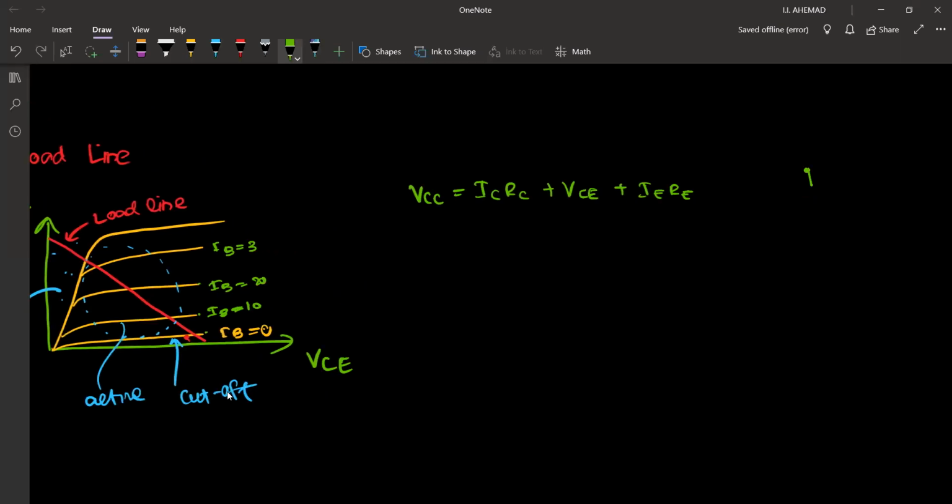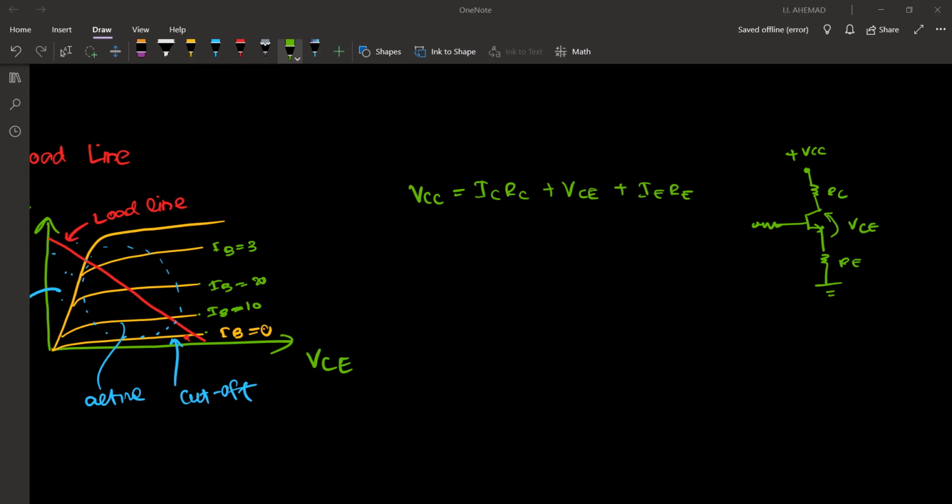If you have a transistor, this is VCC, this is RC, and here you have the potential drop VCE, and this is RE, and this is earthed. So VCC is equal to ICRC plus VCE plus IERE.